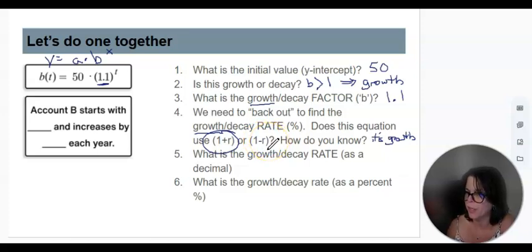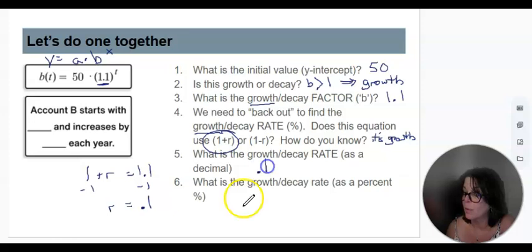So now we need to figure out what R is. What is the growth rate as a decimal? Well, 1 plus R is 1.1, isn't it? So what is R? Well, if we subtract 1 from both sides, can't we find R? R is 0.1. Now, what is 0.1 as a percent?